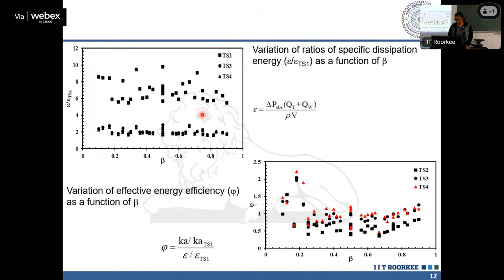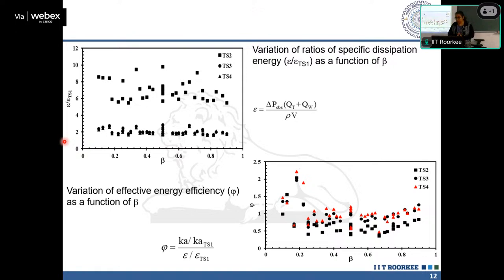For that kind of analysis, this is again viscous dissipation, but in this case we have a ratio, the ratio of specific dissipation energy. So what is it?